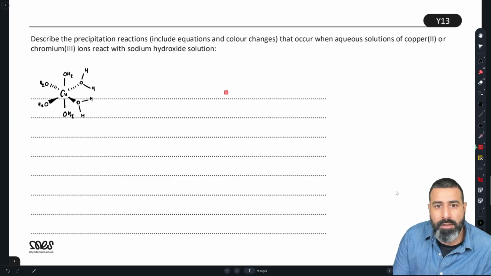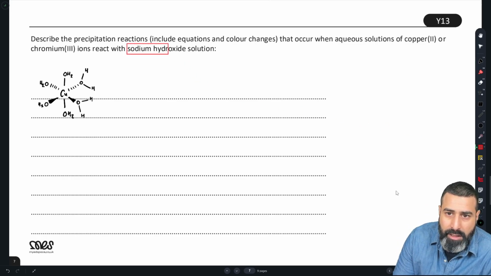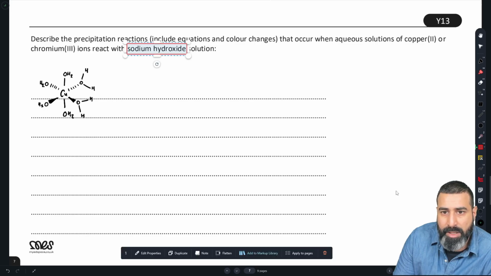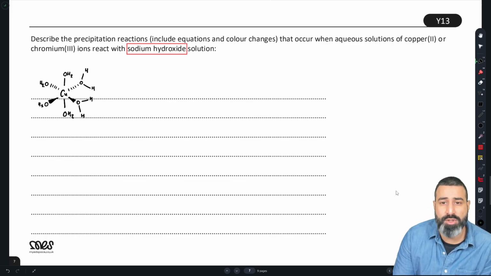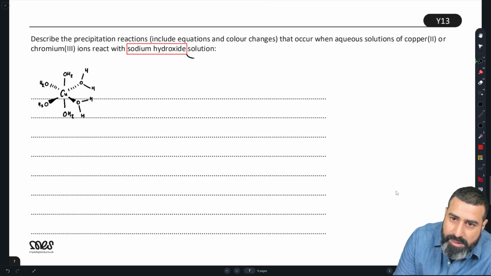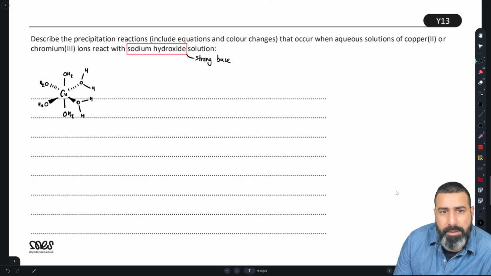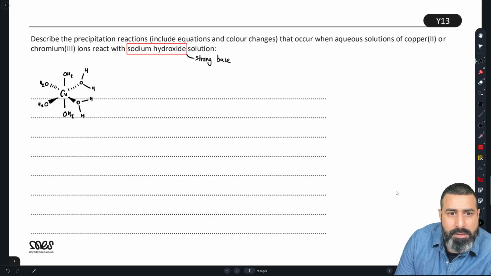So, sodium hydroxide is a strong base, and people often think that when we're reacting TM complexes with sodium hydroxide, these are ligand substitution reactions, but they are not. So there is my strong base.